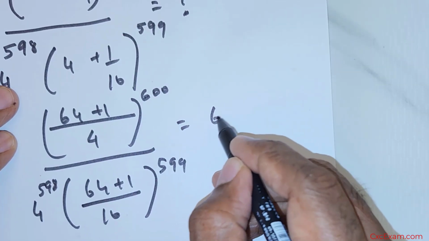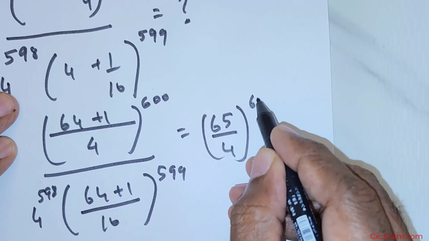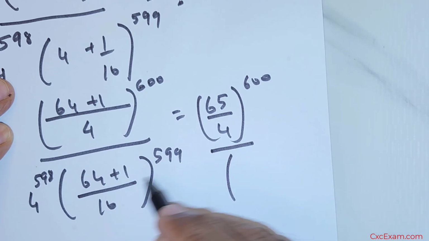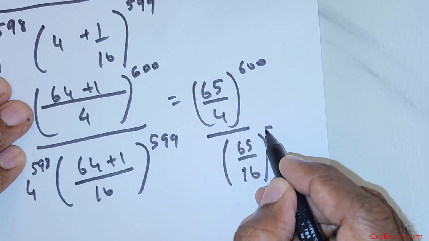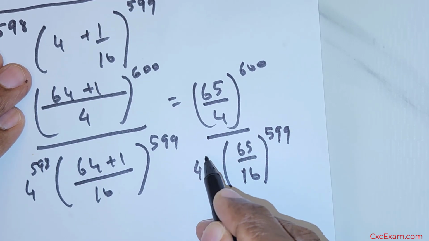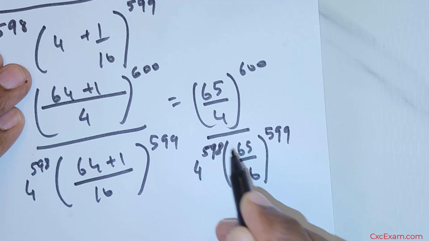Now this is equal to 65 divided by 4 raised to the power of 600 divided by 65 over 16 raised to the power of 599, and you have a 4 raised to the power of 598.